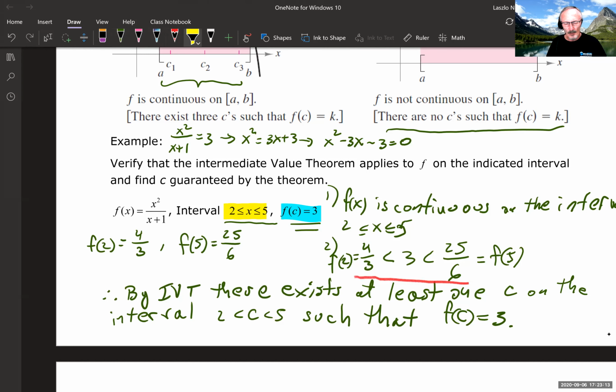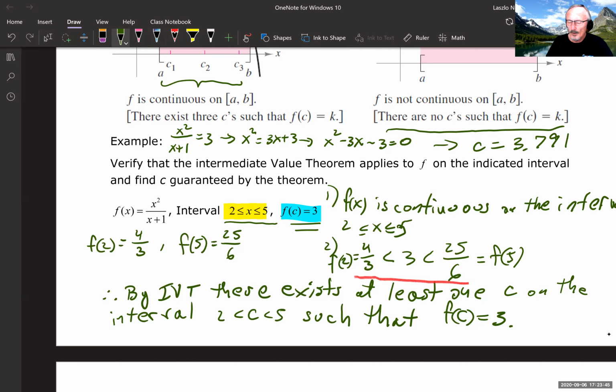So I set my window in the graphing calculator to go from 2 to 5, and I ended up with the following answer. There was only one, because I was looking at the right window. With the quadratic formula, we would be able to come up with 2 answers, but we would have to kick to the curb any value that would not be inside the interval 2 to 5.